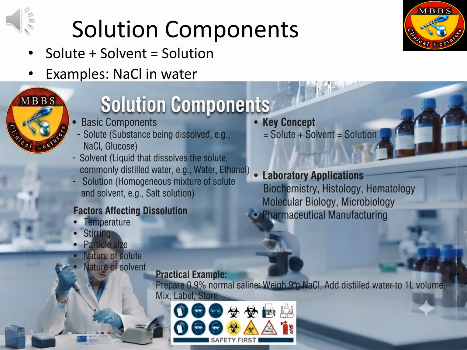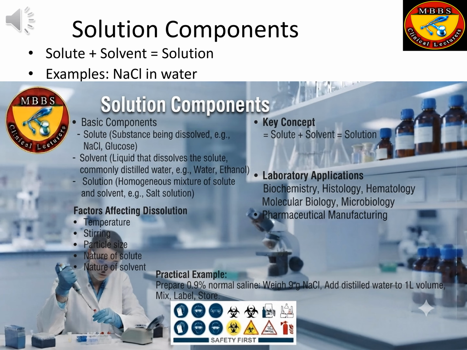Solvent. The solvent is the substance that dissolves the solute. In biological and chemical laboratories, distilled water or deionized water is the most commonly used solvent because it is free from impurities. Examples: water, ethanol, methanol, acetone.